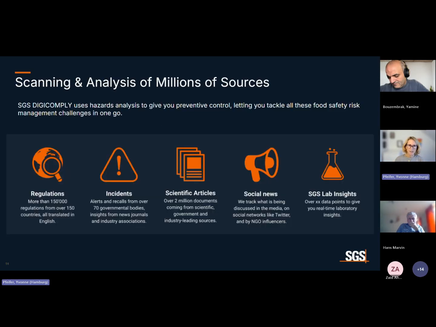And how do we do that? We are scanning and analyzing millions of sources. We are collecting the regulations globally. Everything is translated into English so that you can search in English. We are collecting the incidents globally. We have scientific articles in our database, and we also track social news, meaning NGOs and NGO influencers, because this is sometimes also impacting your processes.